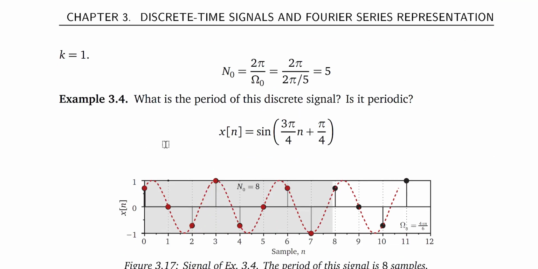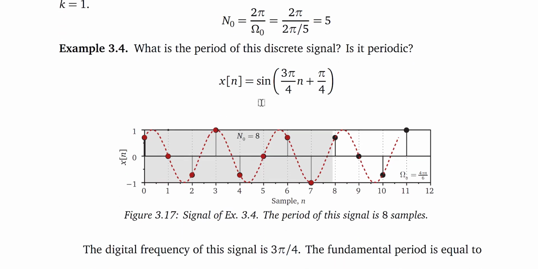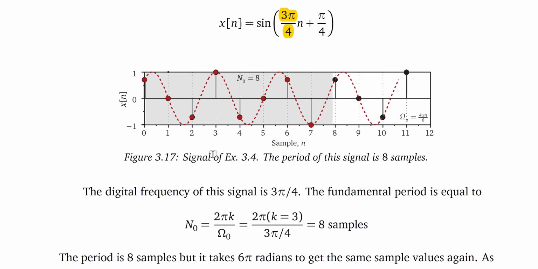Okay, so we want to look at another example. What's the period of this discrete signal? Well, once again, we see that this right here is the fundamental frequency of this discrete signal. And so what we do is try to compute n0, but we find that we don't get an integer unless k is 3.